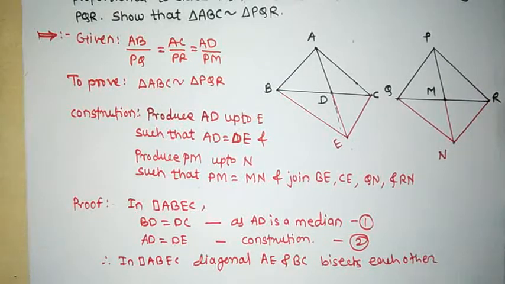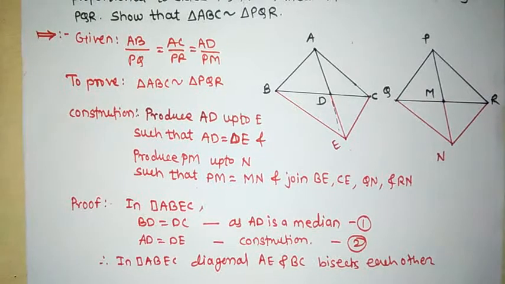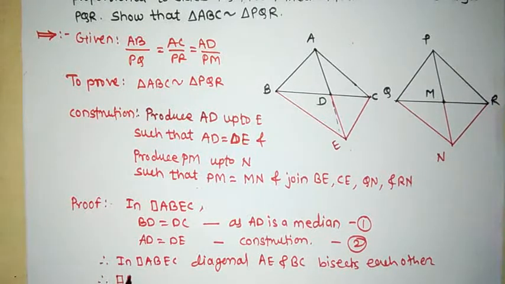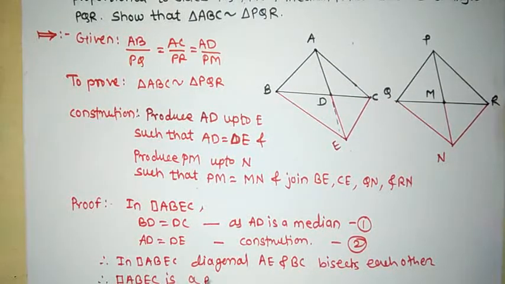If the diagonals bisect each other, then can we say that this quadrilateral is a parallelogram? We know the property of a parallelogram. What is the property of a parallelogram? The diagonals of a parallelogram bisect each other. Therefore quadrilateral ABEC is a parallelogram.